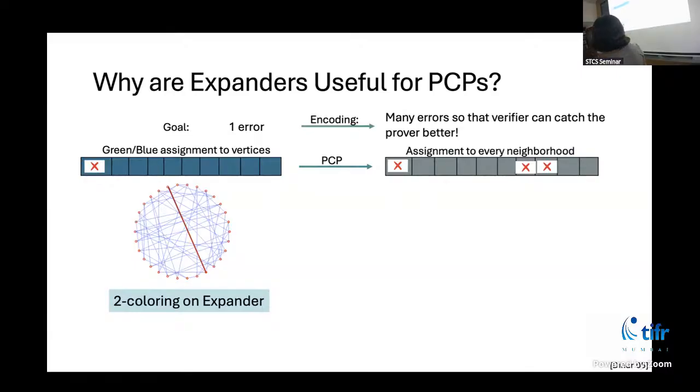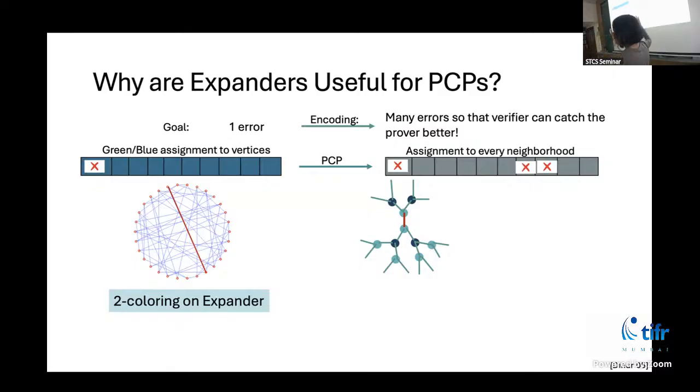So Dinur's idea was to instead ask the prover to give an assignment not just to one vertex, but to a neighborhood around the vertex. The way to encode this assignment is that at every vertex, like at vertex 1 here, this location contains the coloring of its neighbors.